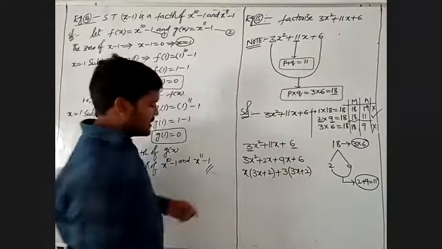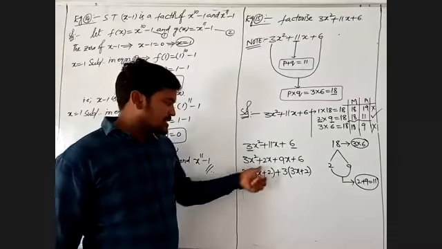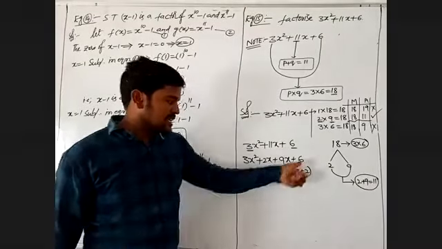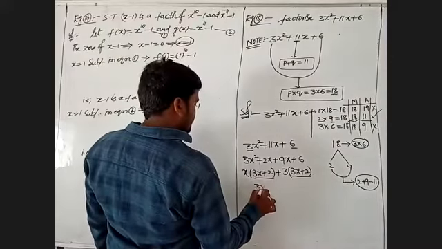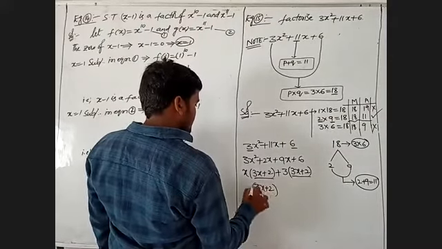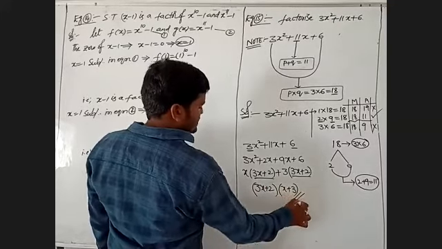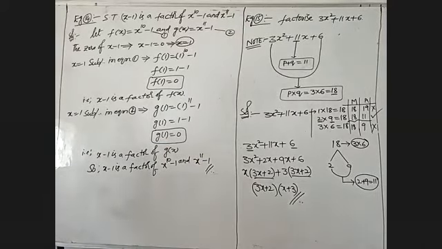We'll observe, 3x into x is 3x square, 2 into x is 2x, 3 into 3x is 9x, 3 into 2 is 6. If the common term is 3x plus 2, the remaining term is x plus 3. This is the given factorization. It will satisfy that condition.